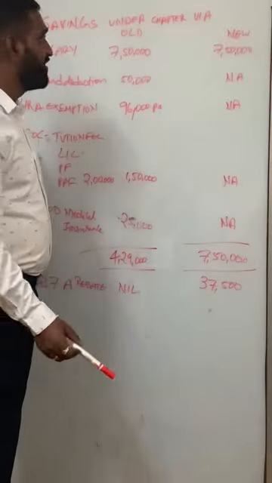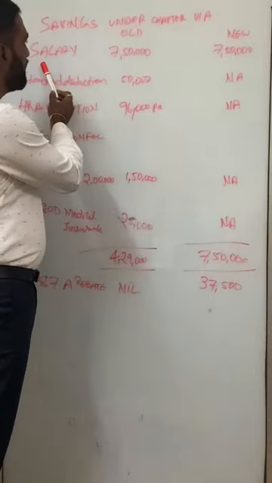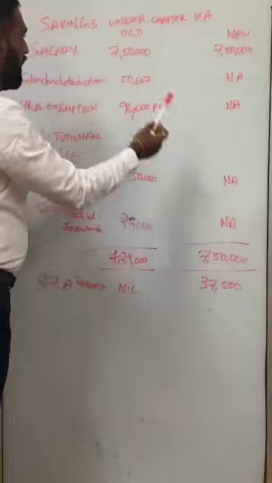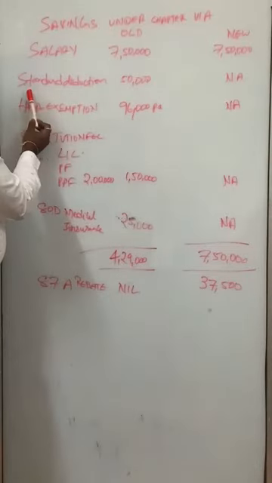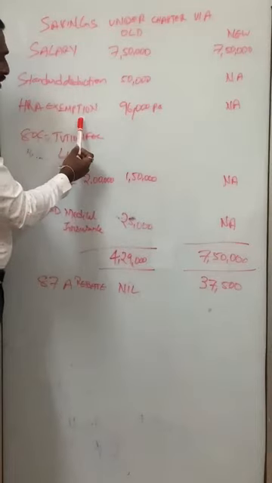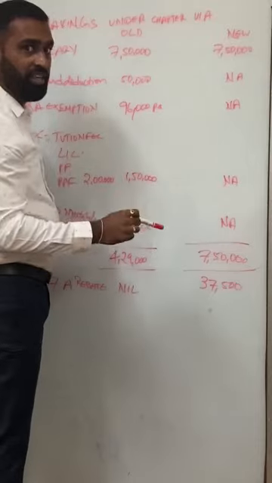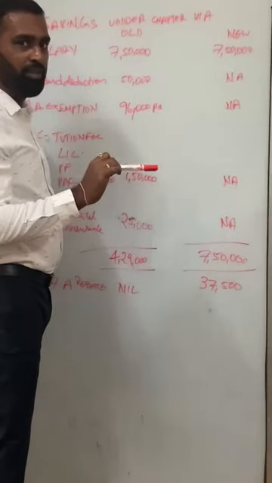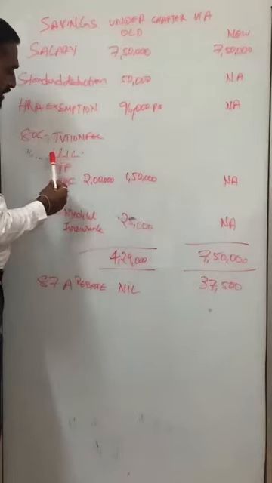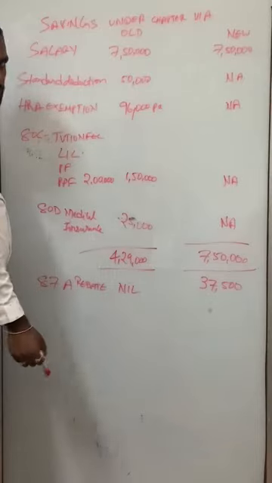If I take an example of savings under chapter 6A, considering the salary as 7.5 lakhs per annum under the old and new scheme: under the old scheme, you will get a standard deduction of 50,000 rupees and an HRA exemption of 96,000. I have taken 96,000 considering 8,000 rupees per month as rent. Then 80C: tuition fees, life insurance policy, provident fund, public provident fund, and the list goes on.